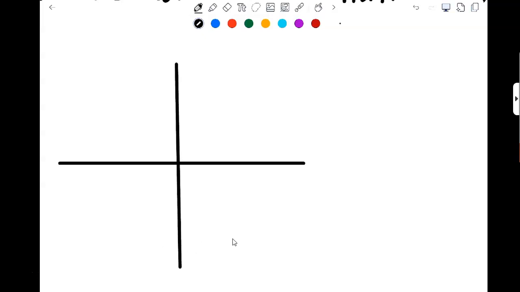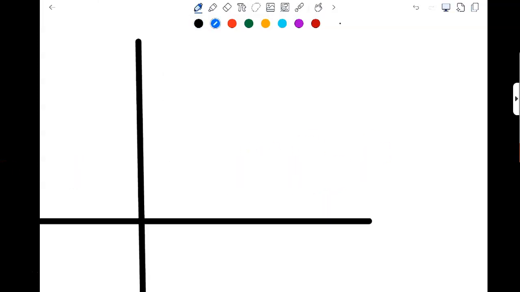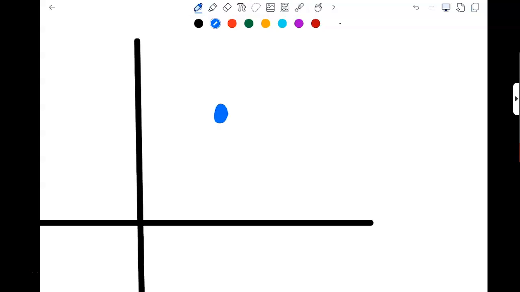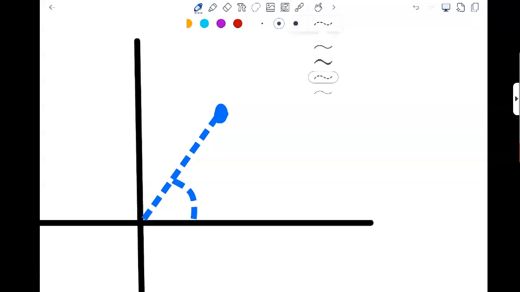Okay. And let's just pick some point in the plane here. And one way, of course, we could describe that point in the plane is by measuring the distance from the origin to the point, just like we did before, and by measuring the angle.